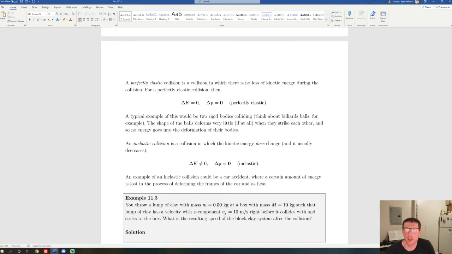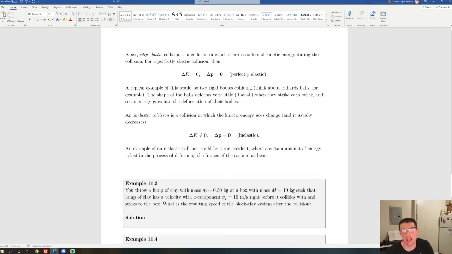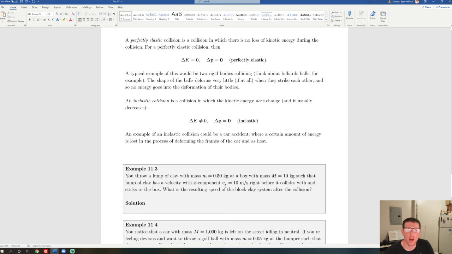So it obviously is going to take energy to bend, let's say, steel, right? This is kind of a dramatic example, but hopefully it gets the point across, as dramatic examples usually do.